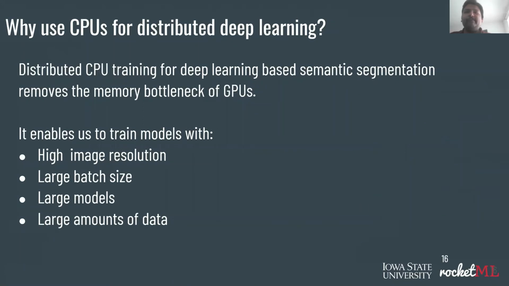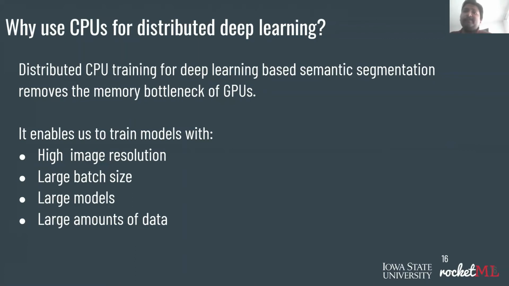Now that we have created our synthetic data, we used CPUs for our semantic segmentation models. So why do we use CPUs for training our semantic segmentation models? Because to overcome the memory bottleneck of the GPUs, training with CPUs enables us to use high image resolution, large batch size, large models, and a large amount of data in a reasonable amount of time.